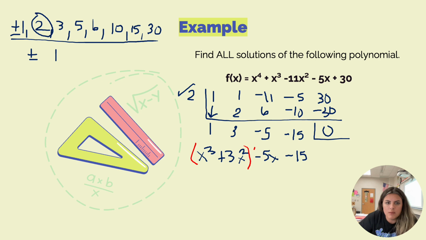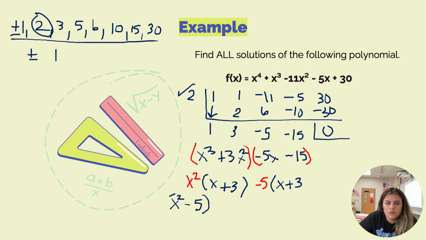We have some nice numbers. I can pull out an x squared over here and a negative 5 over here, leaving me on both sides with x plus 3 on the inside. Okay, so I have x squared minus 5 and x plus 3.